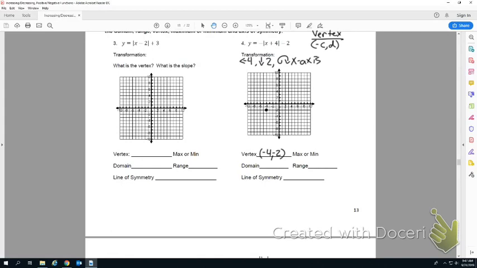Now, your A value, you can treat your A value like you would a slope. All right, linear and absolute value, those are the only 2 functions where we're going to deal with the slope. So if my A value is -1, if I'm treating this like the slope, am I going to go from that vertex up 1, right 1, or down 1, left 1? If it's -1. Down 1, left 1.